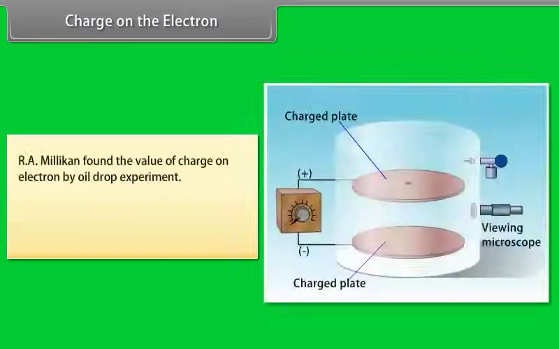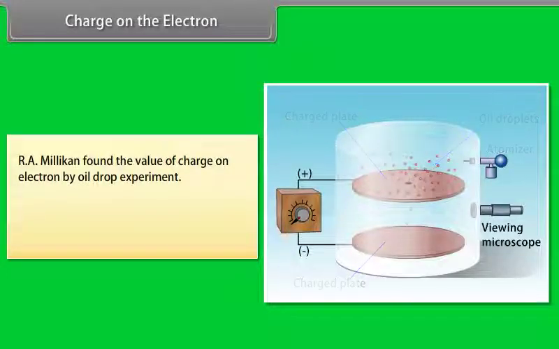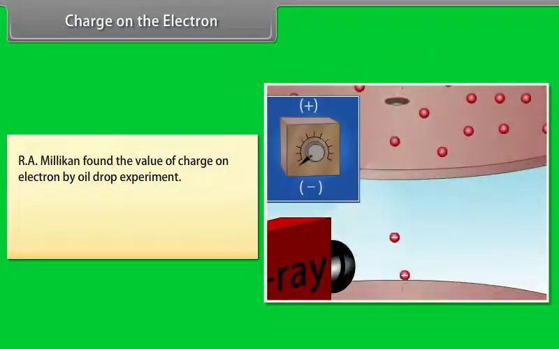Charge on the electron. R. A. Millikan found the value of charge on the electron by the oil drop experiment. The oil droplets enter the apparatus through a small hole and are allowed to fall in between two charged plates. The motion of the droplets is observed with a microscope. The space between charged plates is irradiated with X-rays.